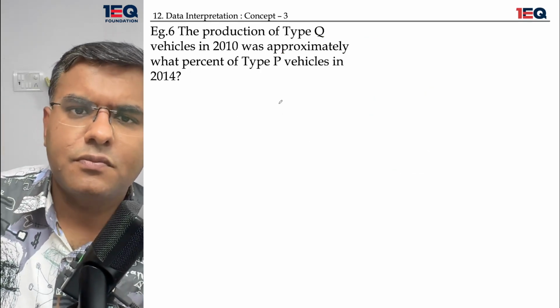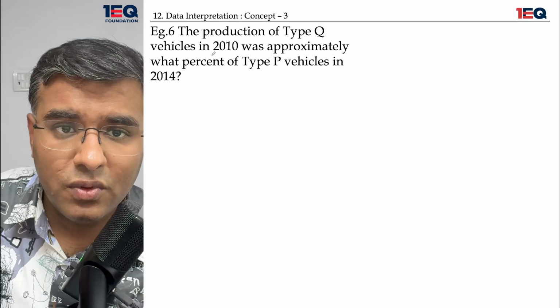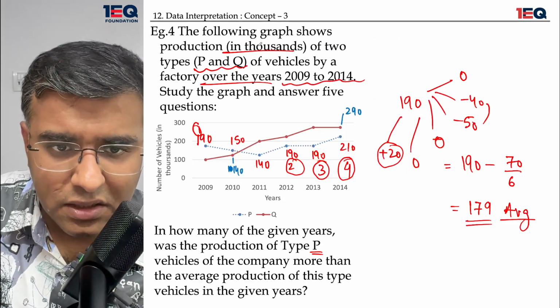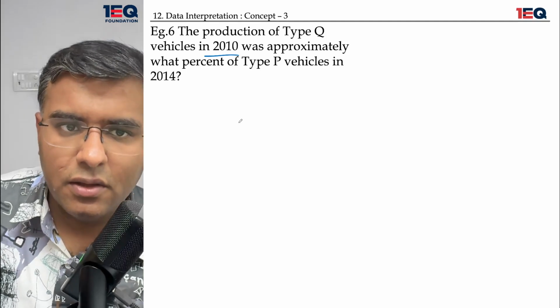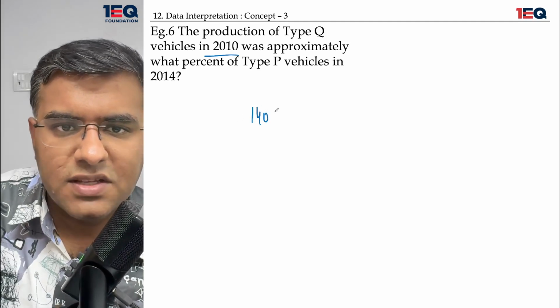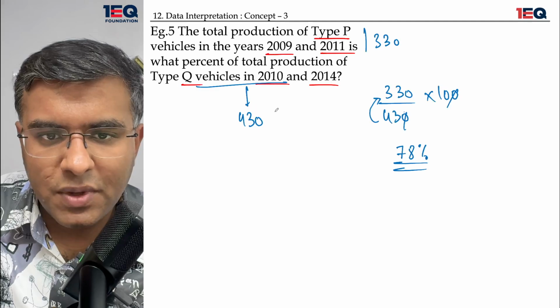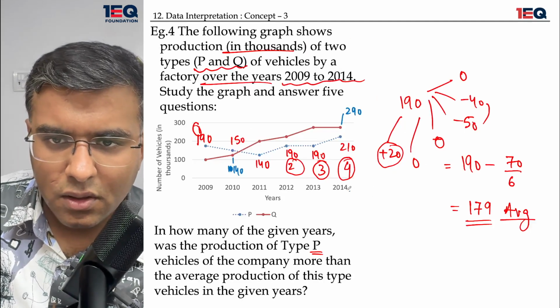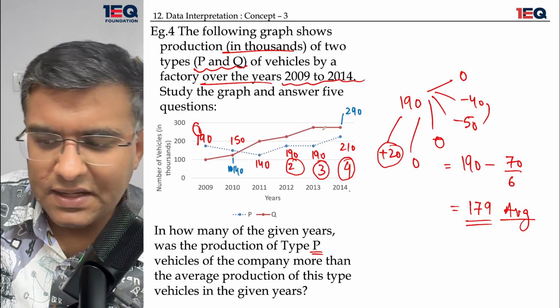Moving ahead, the production of type Q in 2010, that is 140, is approximately what percentage of type P in 2014? In 2014, P is sitting at 210.